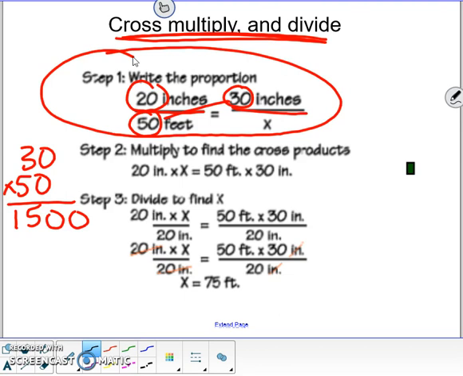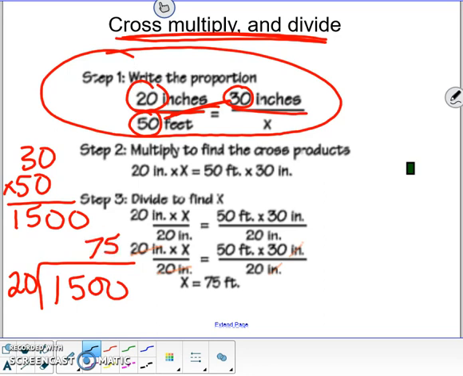So we've cross-multiplied and divided: 2075.